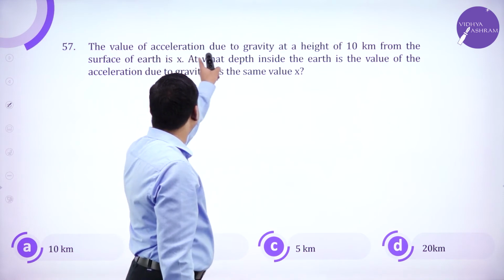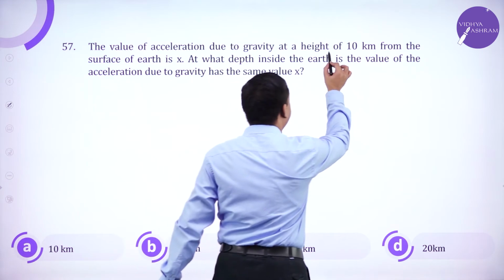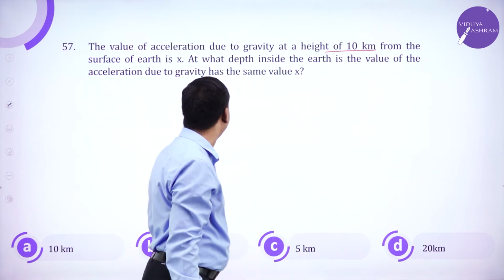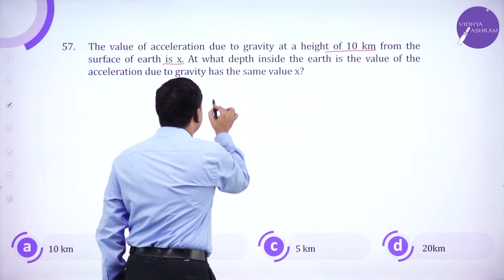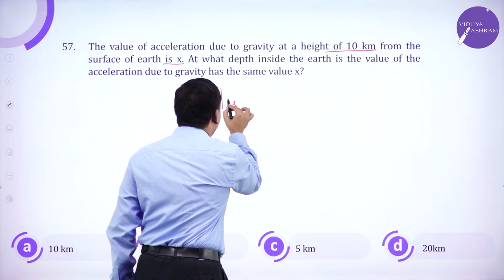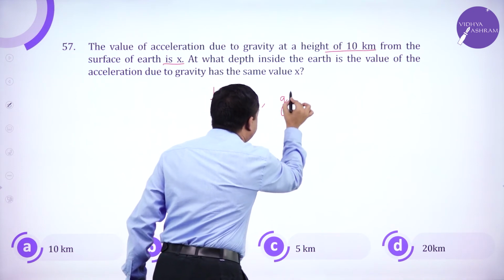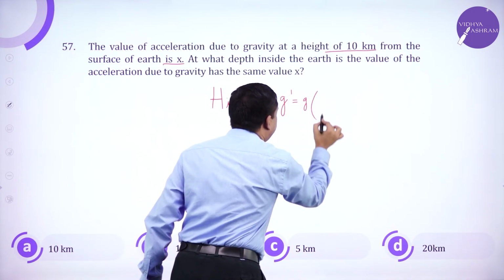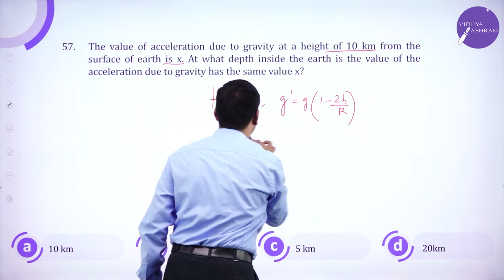The value of acceleration due to gravity at a height 10 kilometer from the surface of the earth is x. So above height, g dash is g into 1 minus 2h by r.